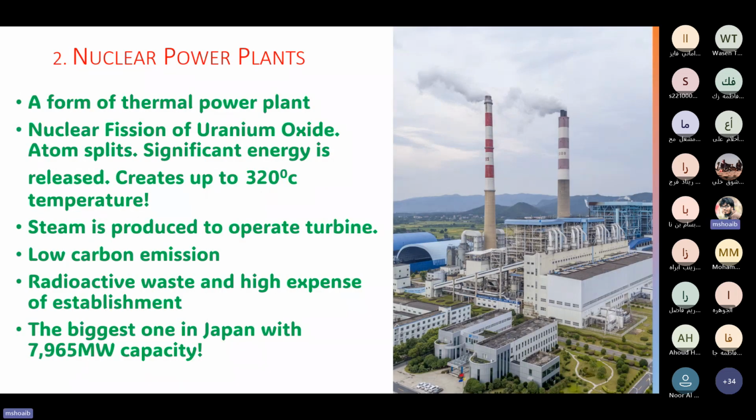Now, the next one we have is the nuclear power plant. This is also a thermal power plant. Here, the basic idea is the same: we convert the water into high temperature, high pressure steam, and that steam rotates the turbine. But the way of generating that steam, or the heat, is different.